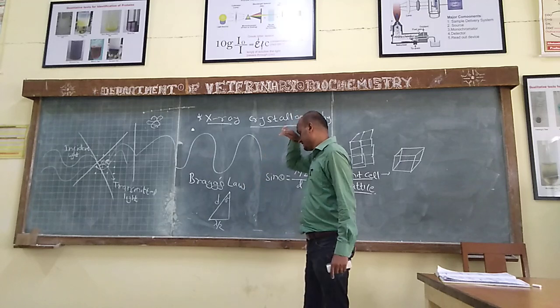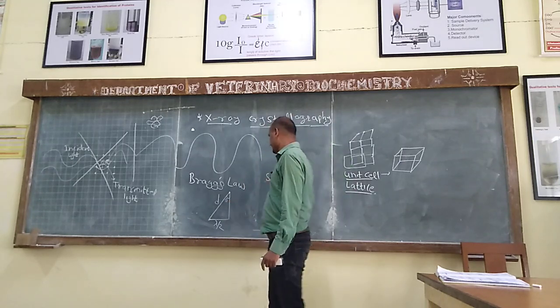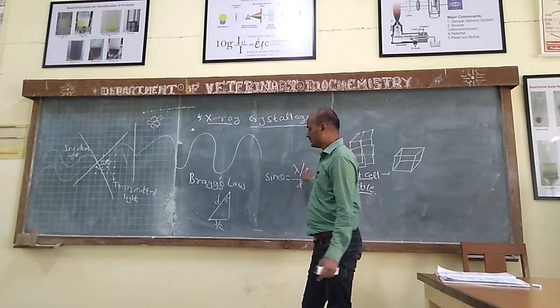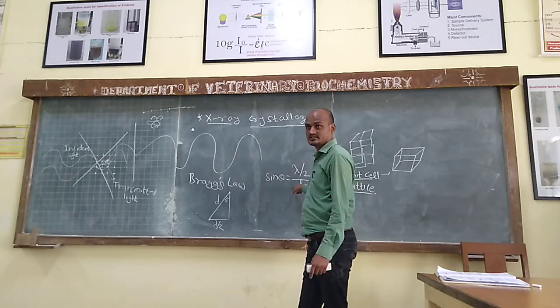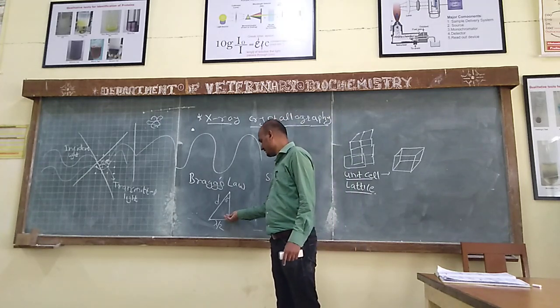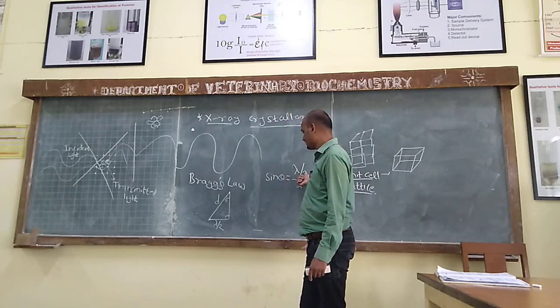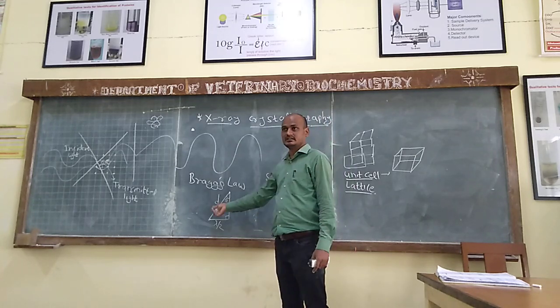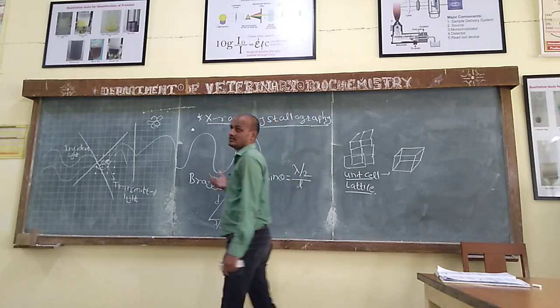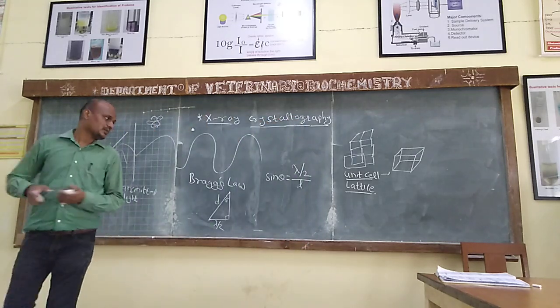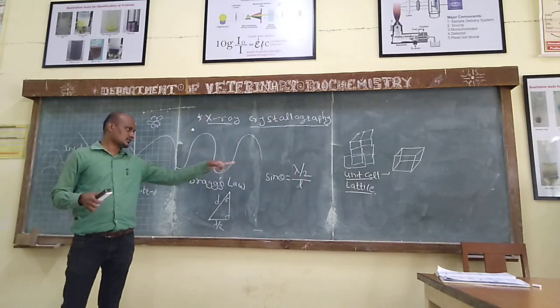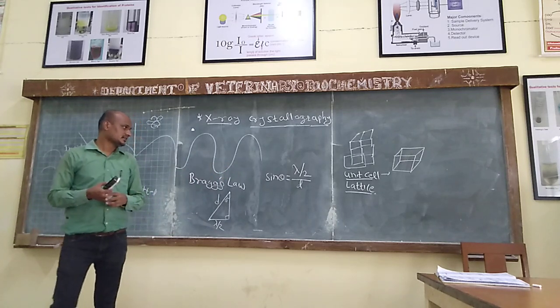Okay, you can treat it as a hypotenuse. So sin theta is equal to opposite side divided by hypotenuse. Okay, so this is the right angle triangle. So sin theta is equal to lambda by 2 divided by the distance between two atoms. So we have sin theta is equal to lambda by 2d.